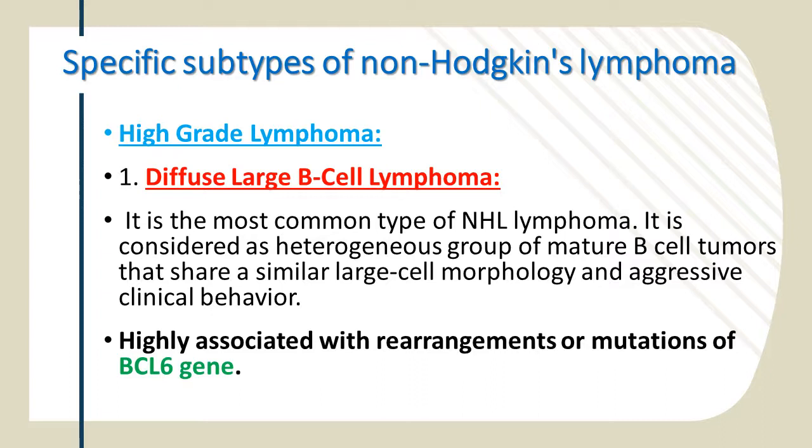Another 30% of tumors have a chromosome 14;18 translocation involving the BCL2 gene that results in overexpression of BCL2 protein. Some of these tumors may represent transformed follicular lymphomas. The remaining tumors have other diverse driver mutations, such as translocations involving the MYC gene.